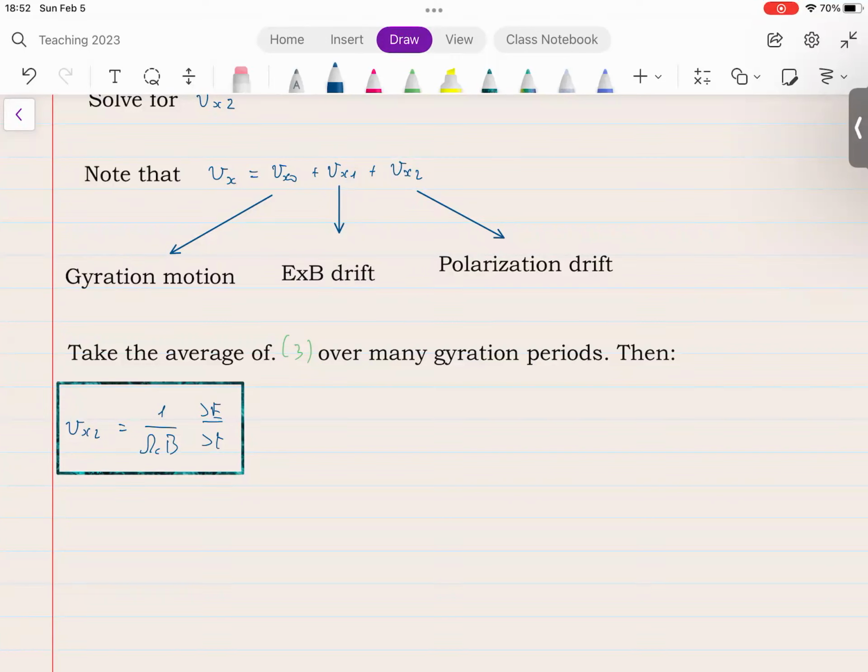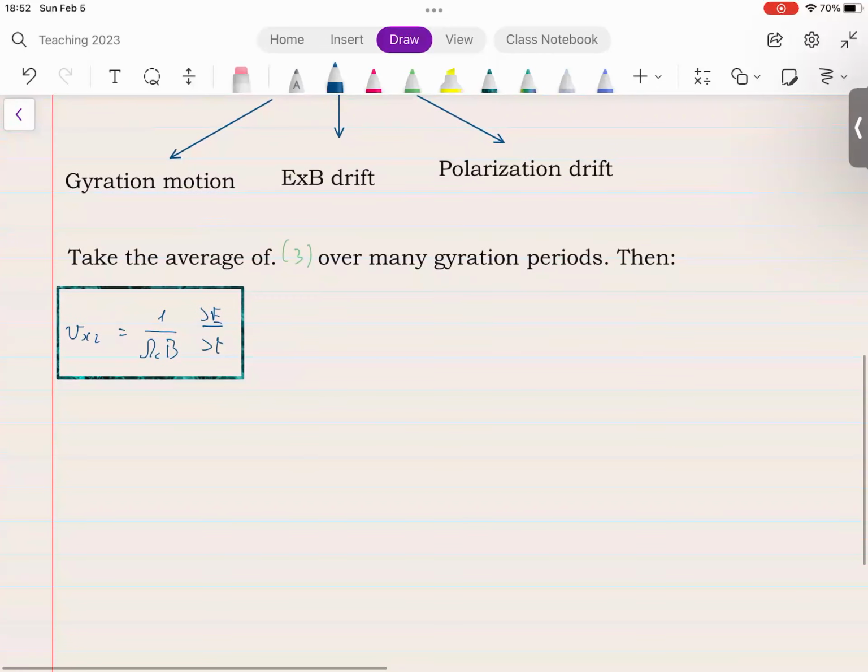In other words, our derivation is actually more general than just the case where the electric field is in the x direction, as I now added to my equation.